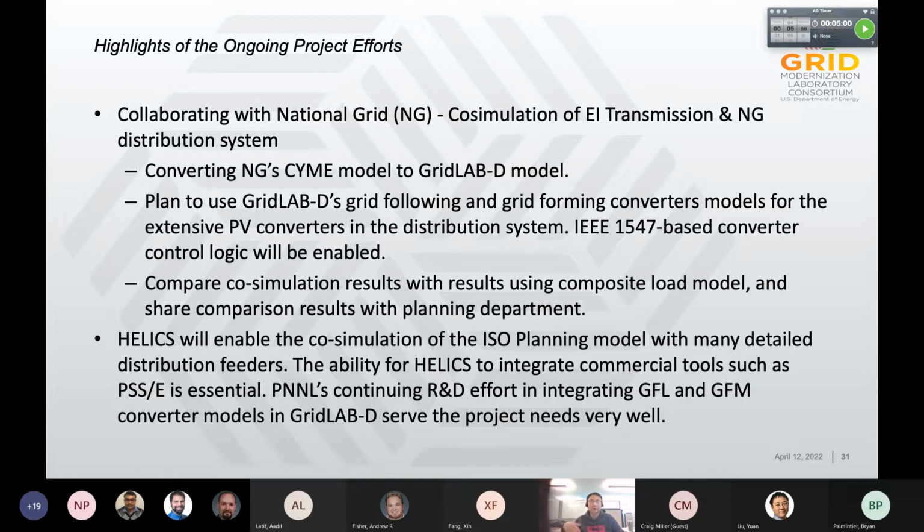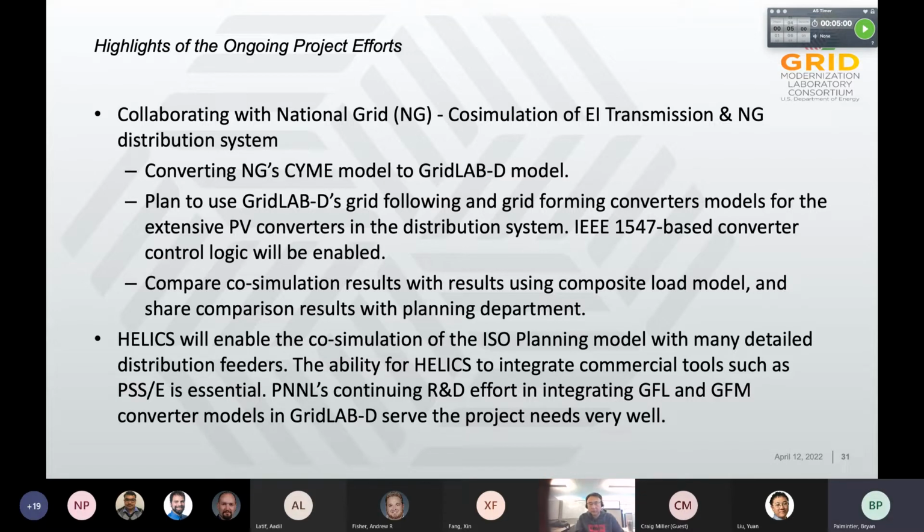like grid-forming and upcoming control features in the converters, because this work implementing new inverter control features for GridLab-D has been ongoing at PNNL. Wei Du has done a lot of good work in this area.